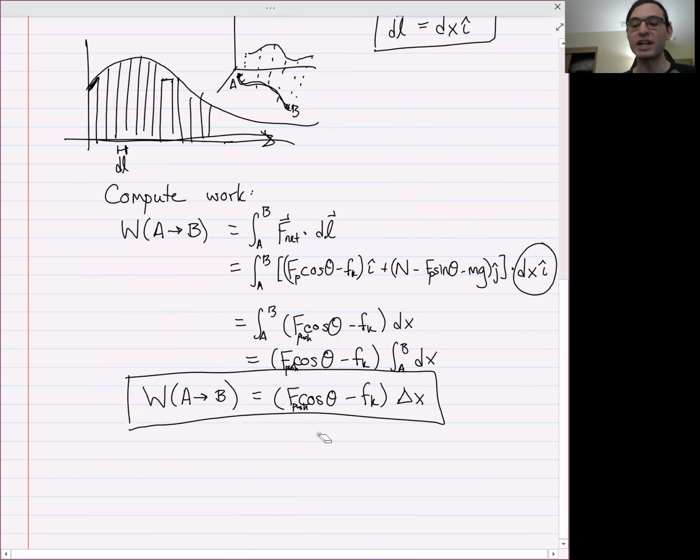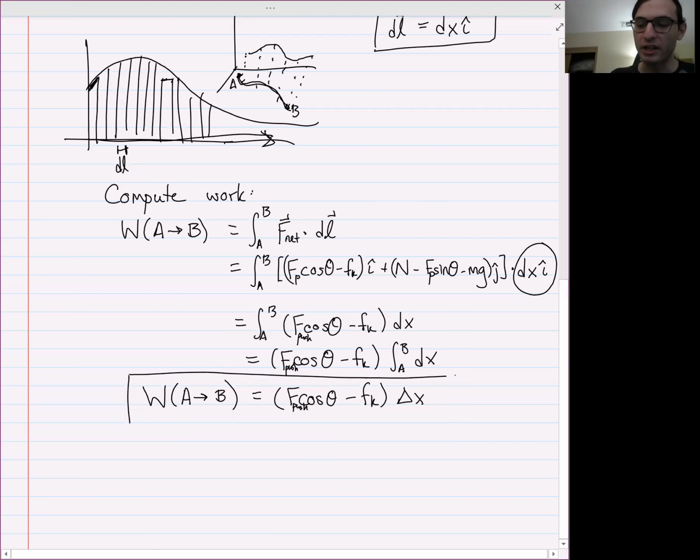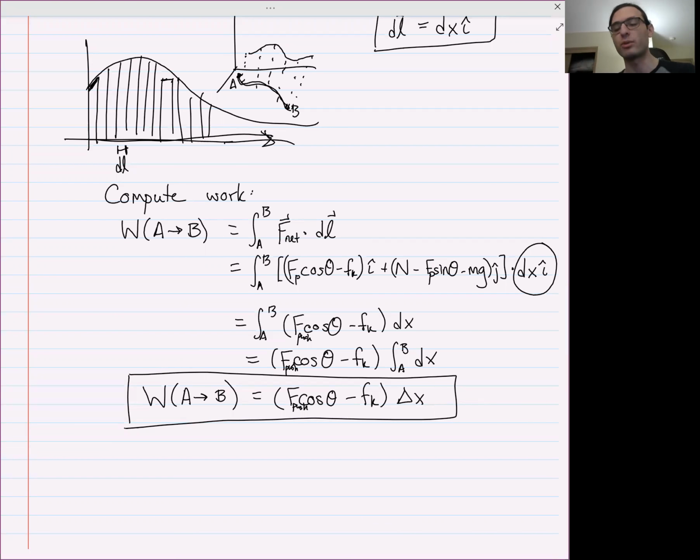This particularly isolated the x component of the force vector and the x component of the net force. And the reason it did that was because the motion was in the x direction. So if you want to find the work done, the only part of the force that contributes is the projection of the force onto the direction of motion. And that's why we talked about projections and dot products early on.